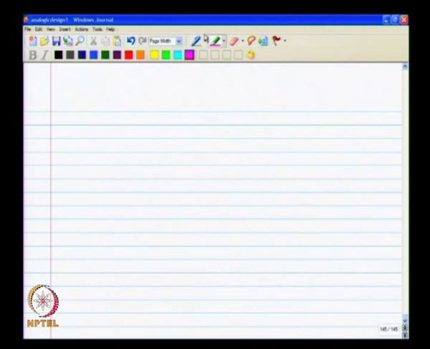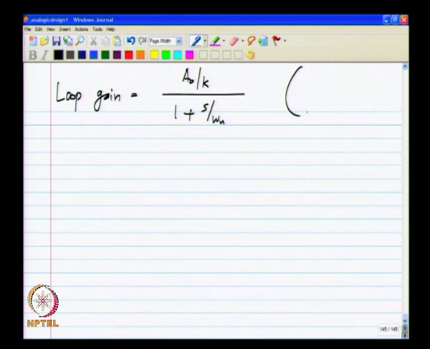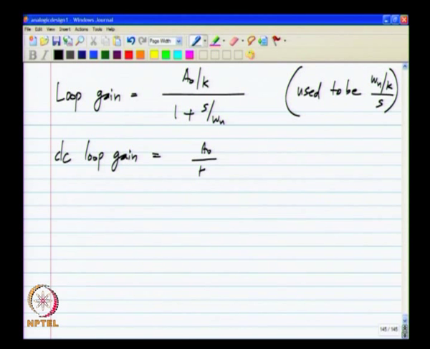So, the key point to note is that, if I look at the DC loop gain, it is A naught by K, and this used to be infinite.